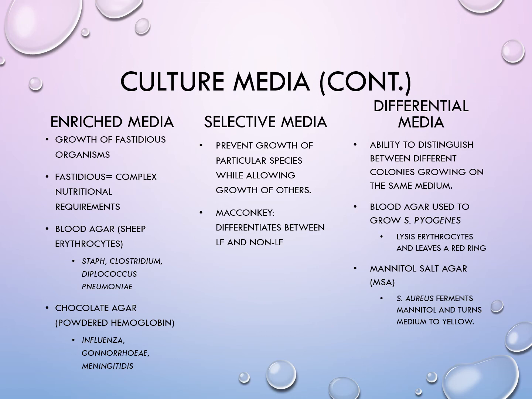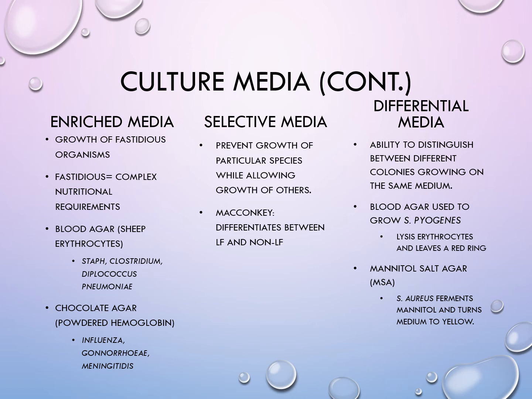And then the chocolate agar is mixed with nutrient agar and powdered hemoglobin, and this gives it kind of a chocolatey brown color. And it's used to grow bacteria like Neisseria gonorrhoeae, Neisseria meningitidis, and Haemophilus influenzae.